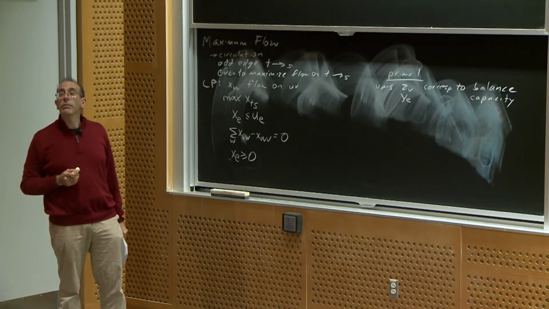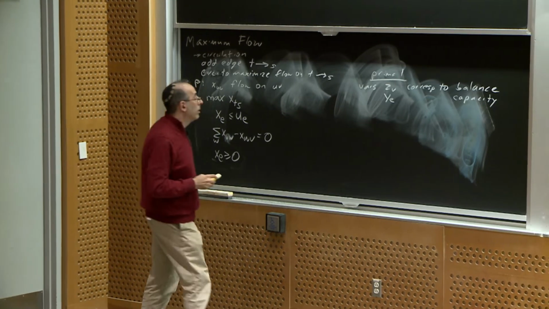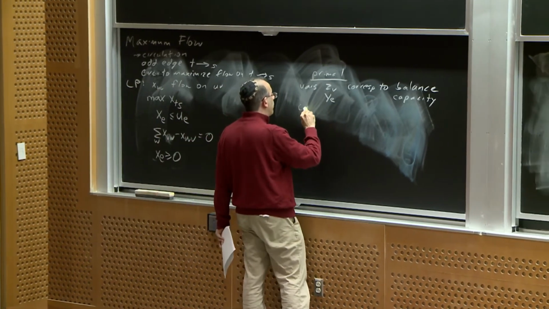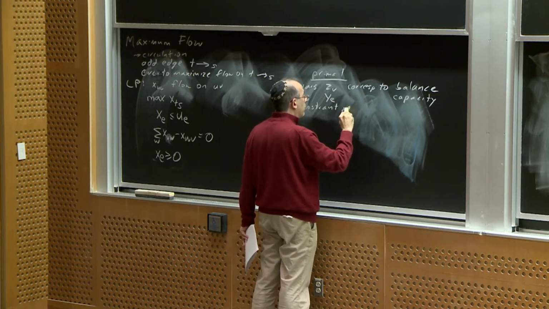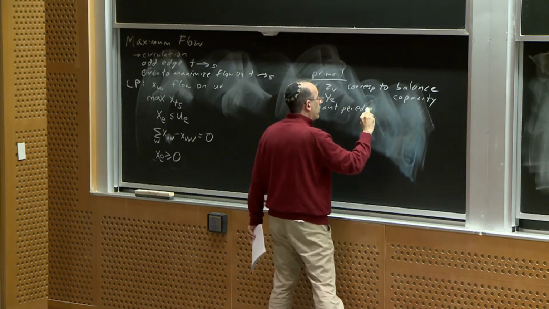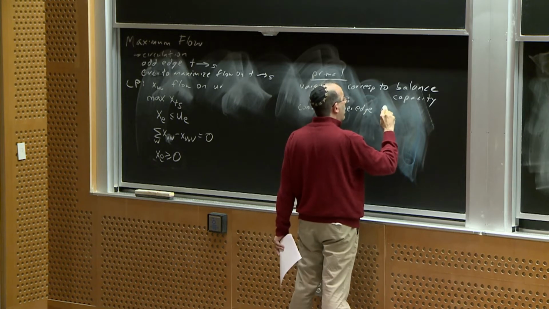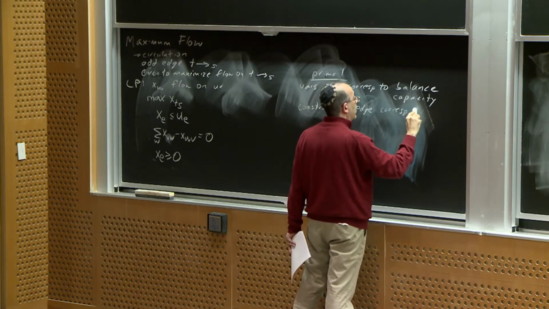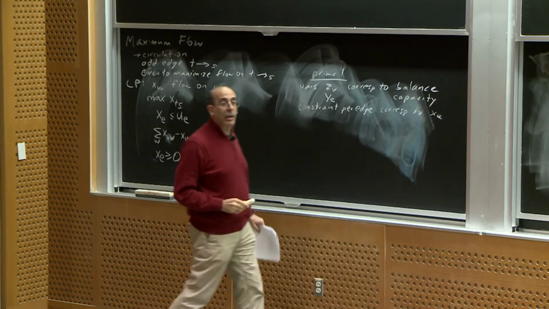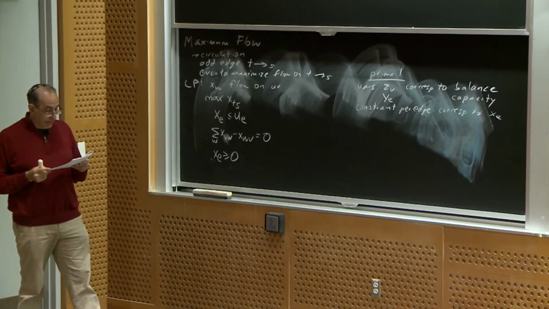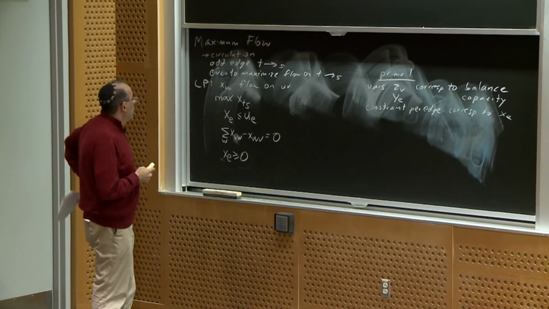A constraint for each forward edge. Good. So there's a constraint per edge, which corresponds to the variable x of e.